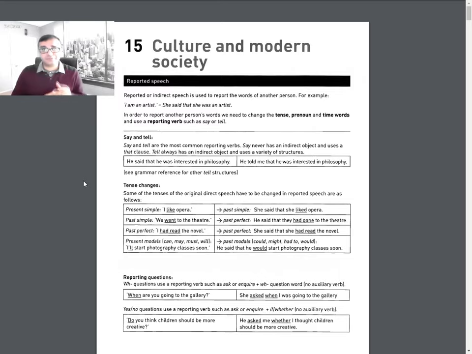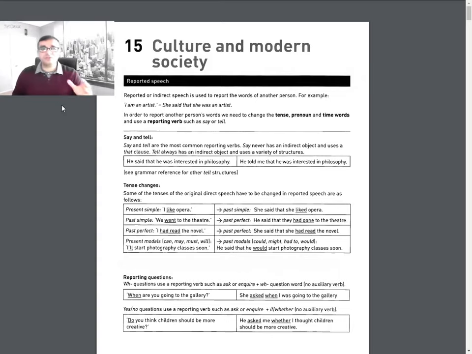Reported verbs: she claims that, he argued that, she denied that, all the time. Reported sessions, and by sessions, for example, the war streamed that. So, if we're going to go through each one of them, let's go one by one.